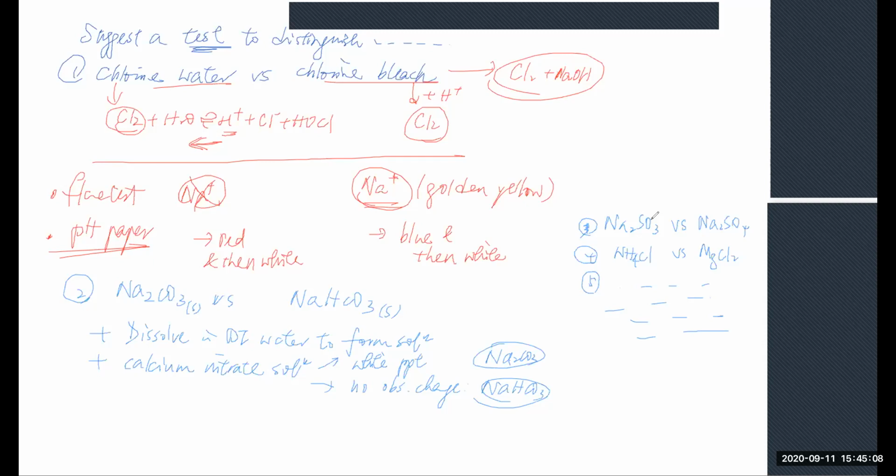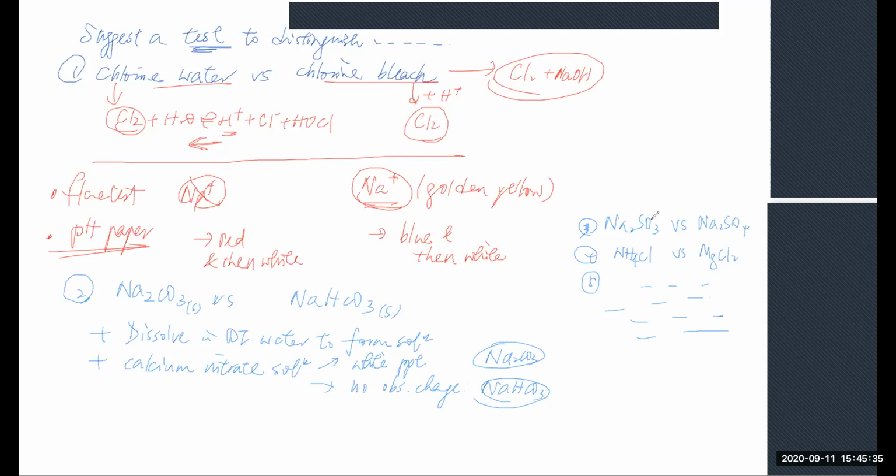Some of them you pour it out, you can smell some chlorine but no color. Similarly for chlorine water, it really depends on the concentration of chlorine originally found inside. So I cannot tell barely from the color whether it must be chlorine water or chlorine bleach.